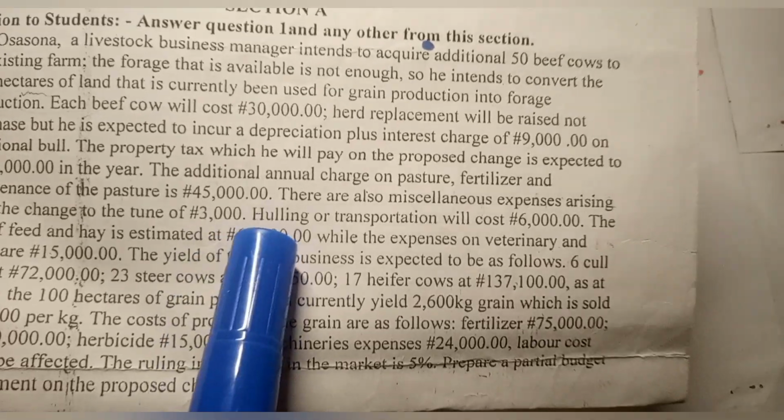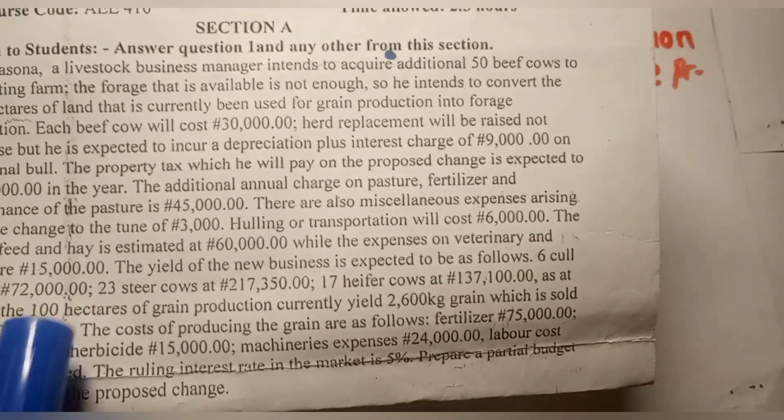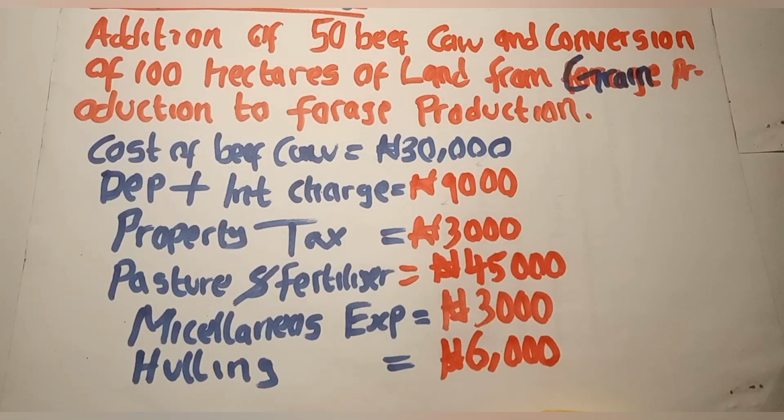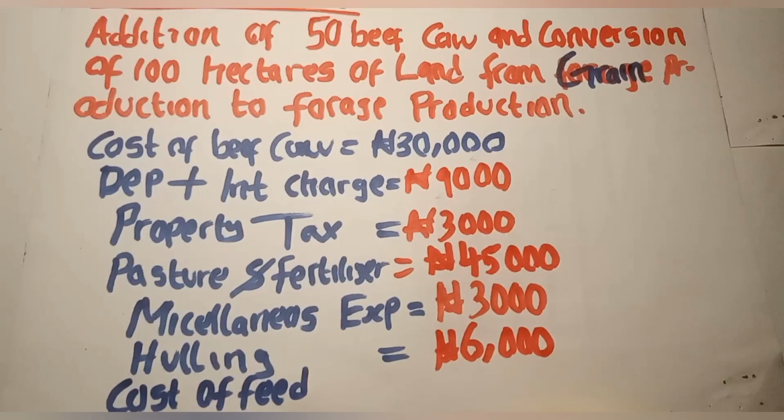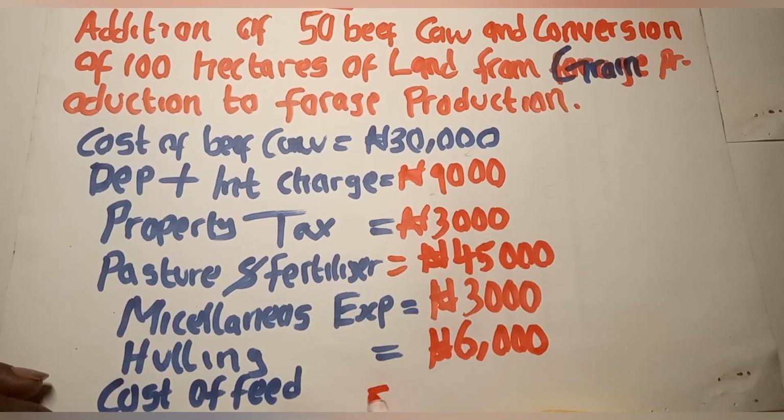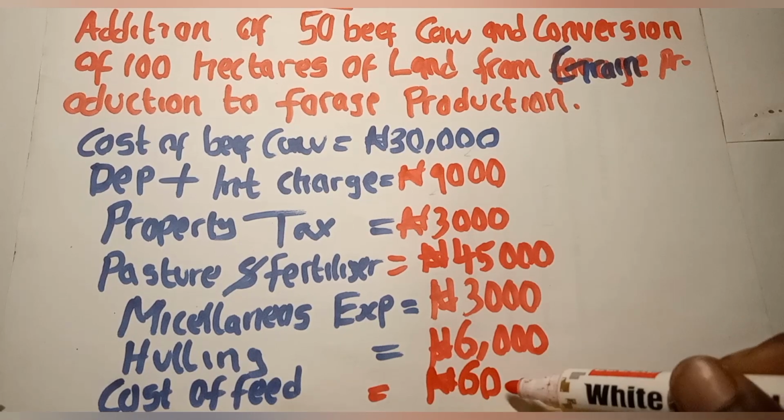I'm going to write that: 60,000 naira cost of feed, and veterinary and health is 15,000 naira. The cost of feed is 60,000 naira.